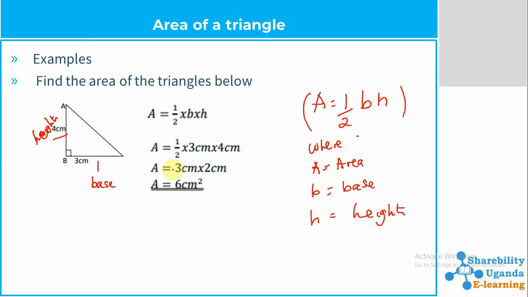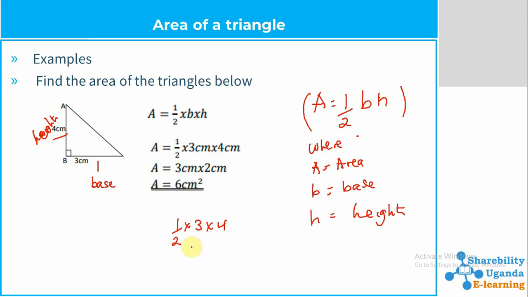So we now substitute in our values. We have 3 as the base, then 4 as the height. So this simply means we can use our method here, and we say a half times our base, which is 3, times 4.